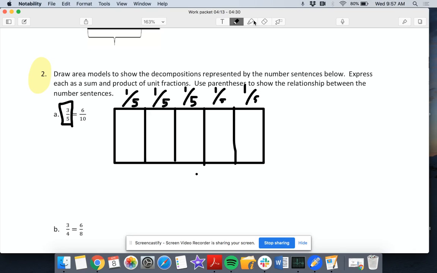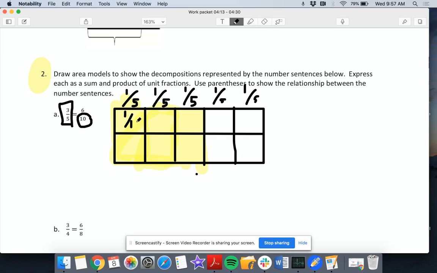And how many are shaded? 3 are shaded. 1, 2, 3. Okay. And I need to now have 10 equal boxes because my new denominator is 10. So I'm going to take my horizontal line and divide it right down the middle. And now I have 10 equal boxes.